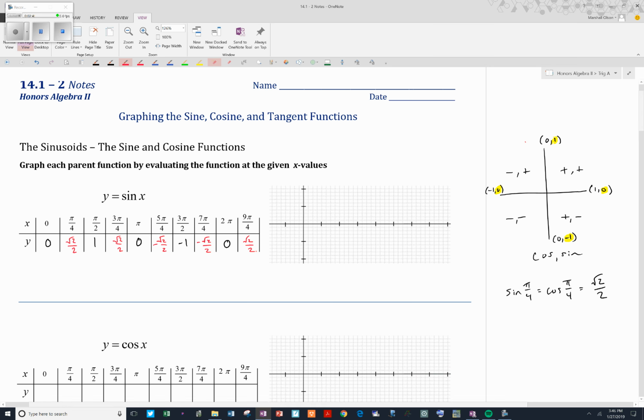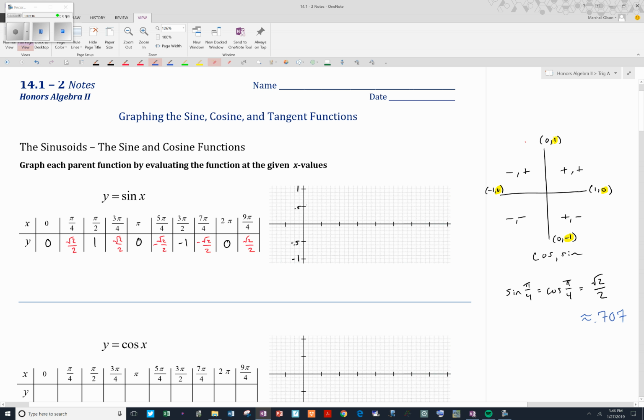So on the graph that we have here, we're going to make this value on our y-axis 1 and this value negative 1. Which means we have 0.5 right here and negative 0.5 right here. The other thing I'd like to point out is the square root of 2 over 2 is about, and we've seen this before, about 0.707 to the thousandths.